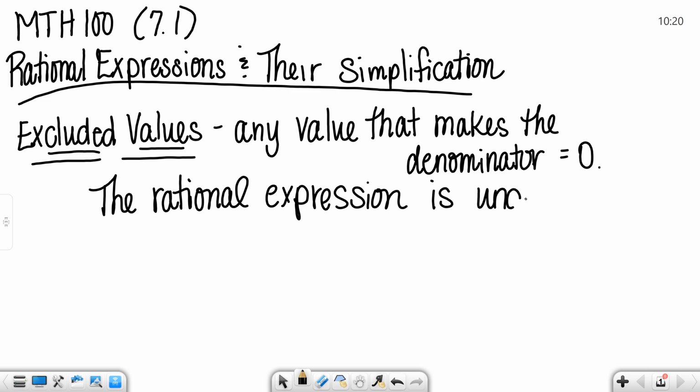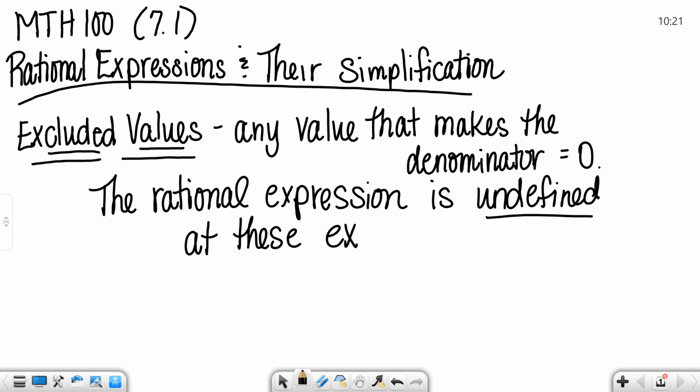is undefined at these excluded values. Okay, to exclude means you cannot include them. And so it would be undefined at those particular values.